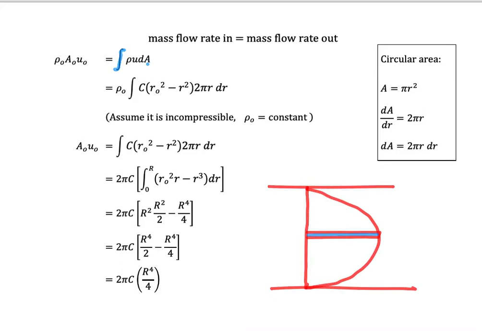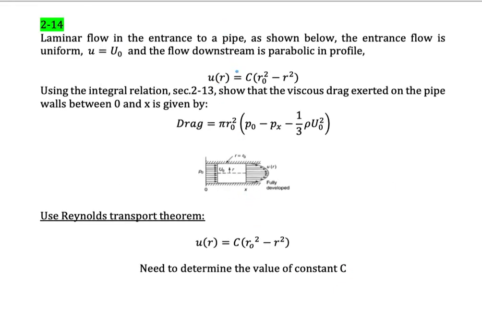Why do we use dA here? Because the area is very small, so we have a small portion of area. And why is the U here not dU? Because the velocity inside this small area is actually constant. The velocity here can be represented by the equation from previously.